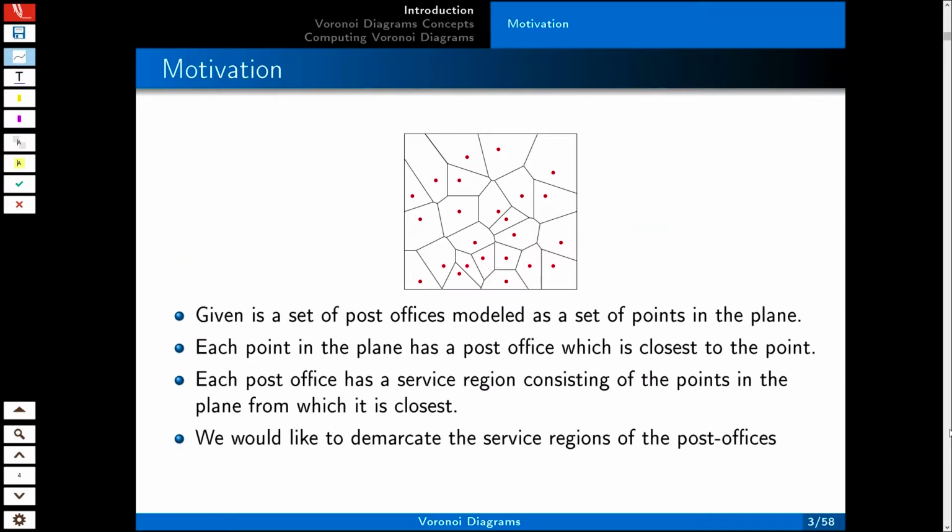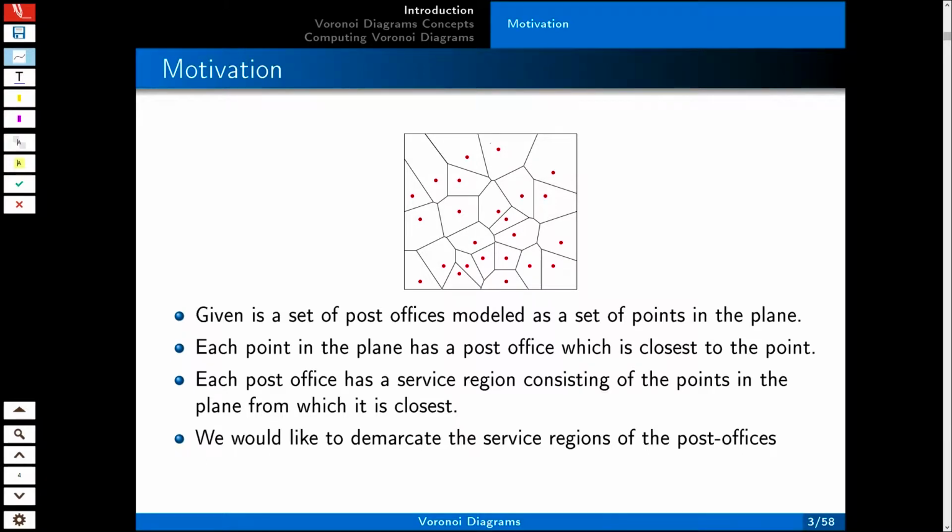So, what is a Voronoi diagram? A quick recap. You are given a set of site points and the objective is to divide the whole plane into a set of cells, one corresponding to each site point, and the region corresponding to a site point contains the set of points which are closer to that site point than to any other site point.